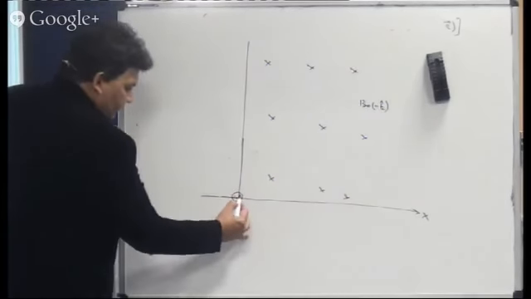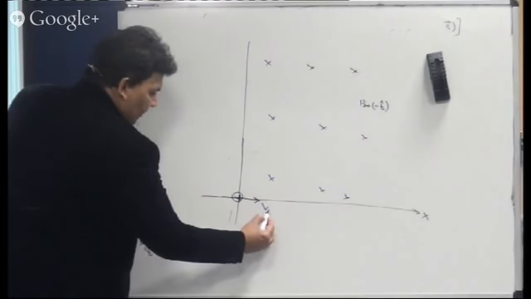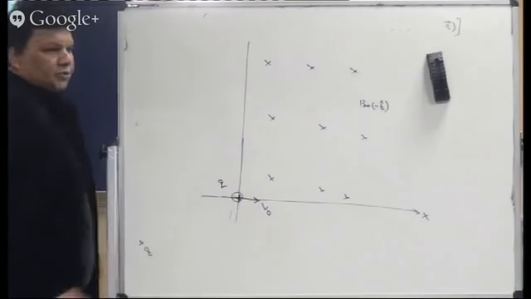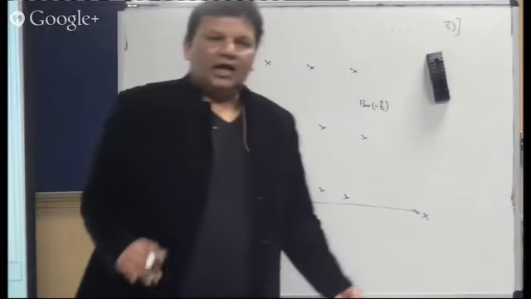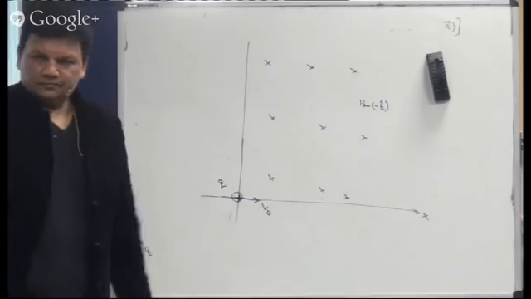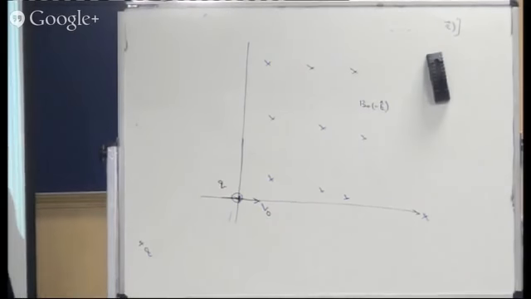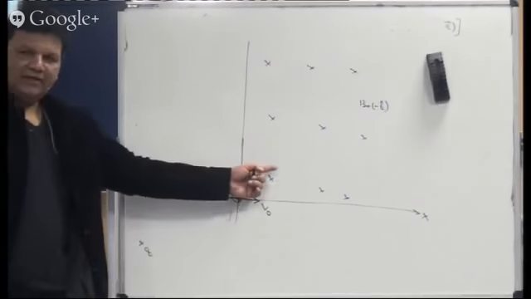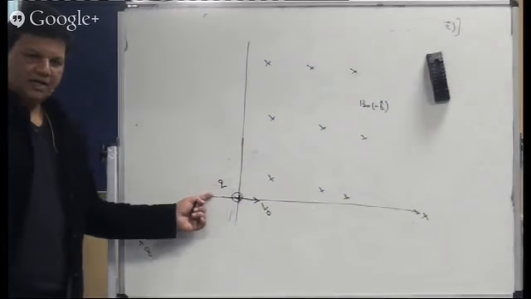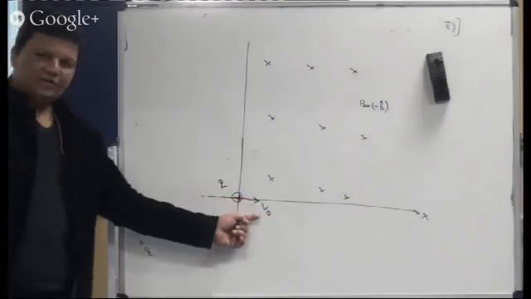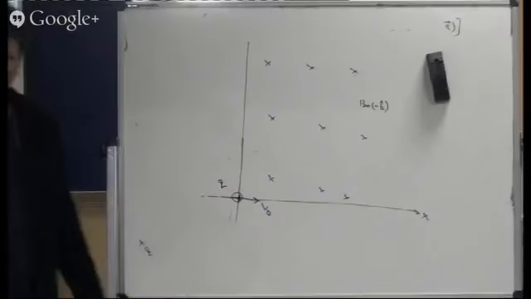Yes, it enters with a velocity V naught. How does this particle move? In a uniform magnetic field, a charged particle enters perpendicular to the magnetic field. How would the charged particle move?